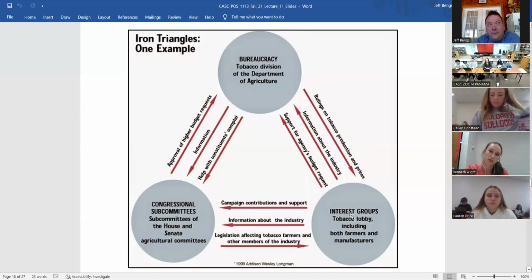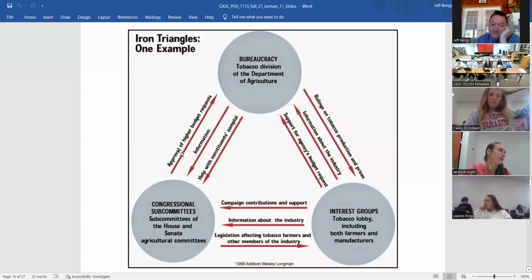to get things done for small sheep farmers. The interest groups are informing the Department of Agriculture. The Department of Agriculture is informing the subcommittees. The interest groups are also informing the subcommittees. The interest groups are raising money and giving it to the senators for their campaigns.